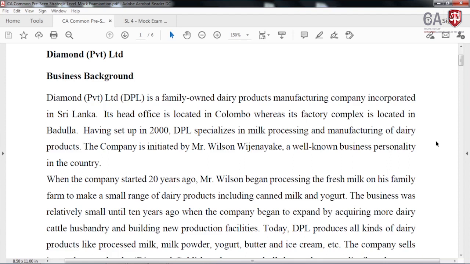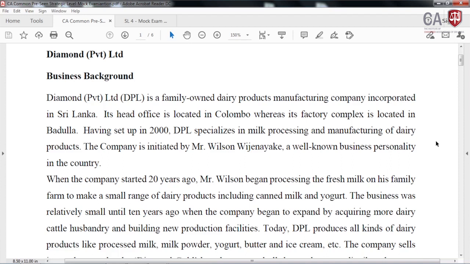So, he started this as a small business. What were the activities he performed at the beginning? He processed the fresh milk, and through that he made canned milk and yogurt. It is very common.